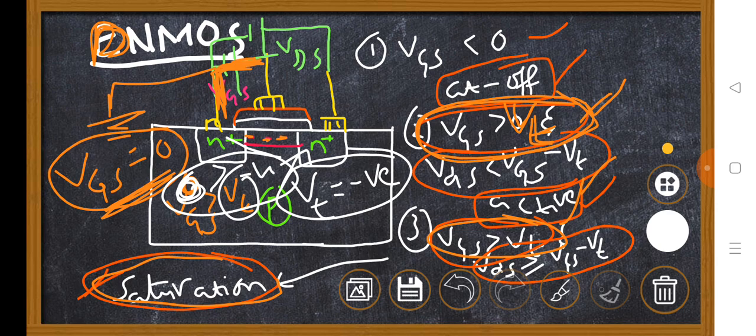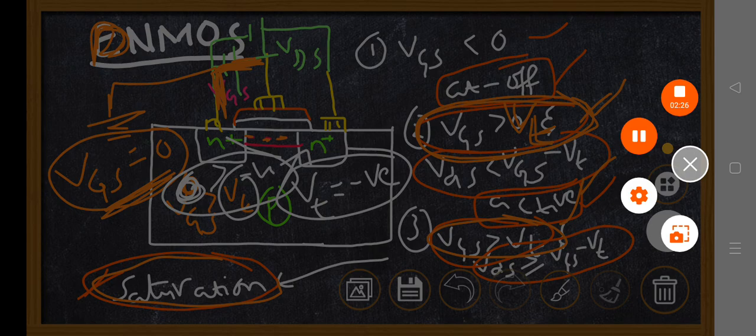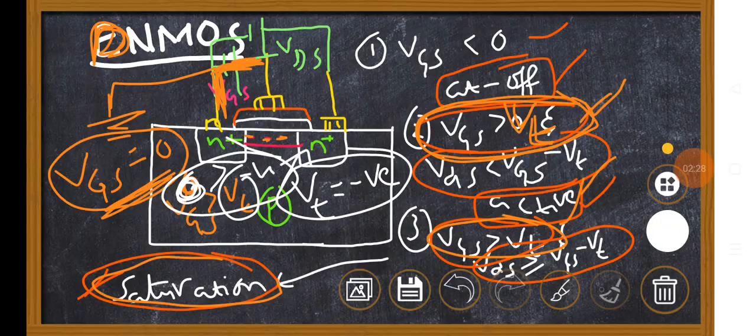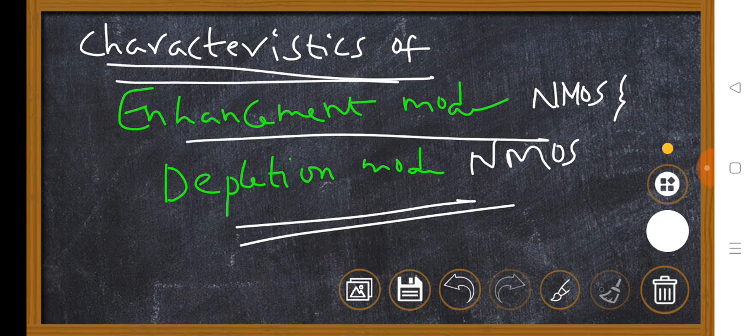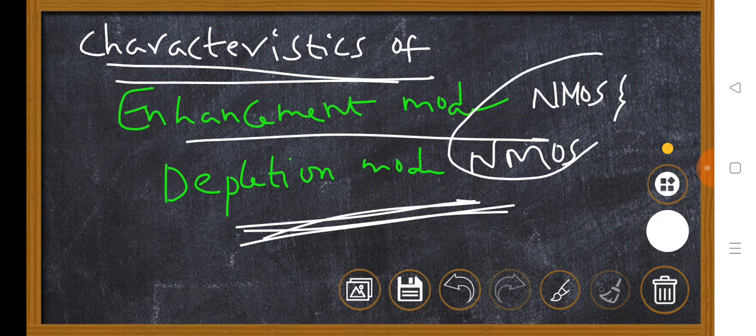Okay. Now we will see the characteristics of NMOS enhancement mode and depletion mode transistor. Now we are going to observe the characteristics of enhancement mode NMOS transistor and depletion mode NMOS transistor. While observing them, if you have any queries, please comment.